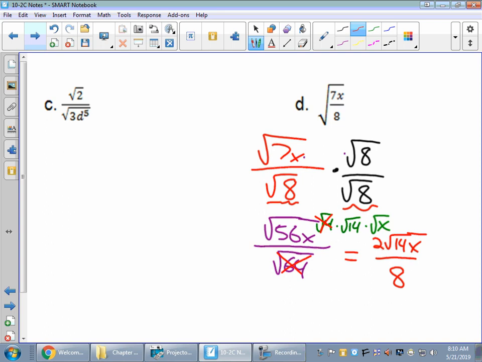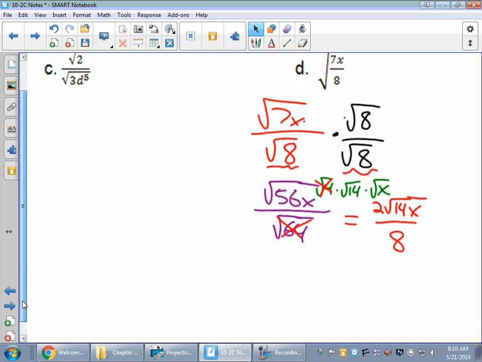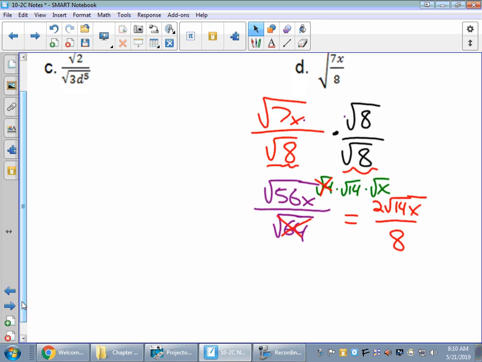Now our one last step was to simplify our answer. We just simplified the radical of the square root of 56, but is there anything else we can simplify? If you look really close at this, we look at this 2 and this 8. Together, they're both outside the fraction, so they're both coefficients here.